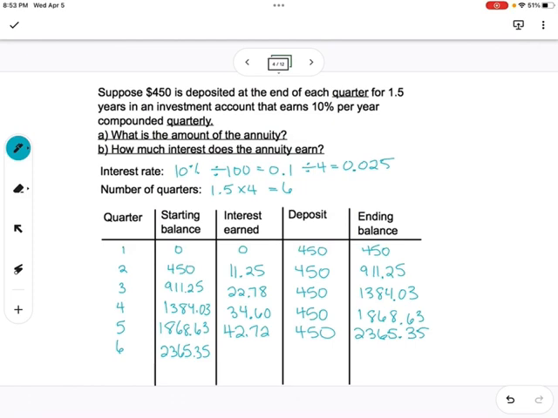Multiply that by our interest rate, 0.025. We get an interest of 59.13 and our last deposit of $450. And our ending balance at the end of 6 quarters is $2,874.48.